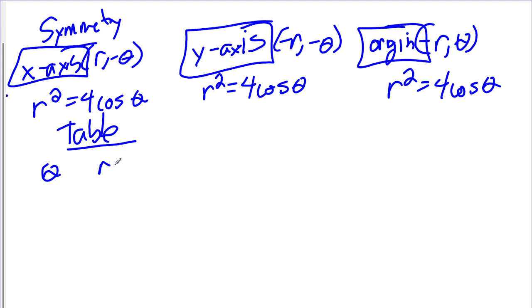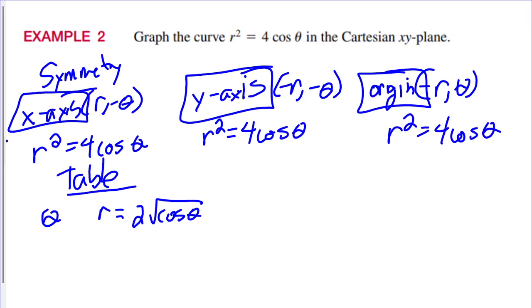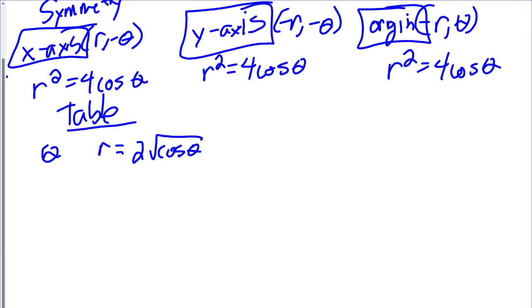but we can just go ahead and plug that into r is equal to 2 square root cosine of theta. When we solve for r, we're going to need to take the square root. And so the square root of 4 is 2, and then we're left with the square root of cosine of theta. So let's check some values. For theta, let's check maybe 0, pi sixths, pi fourths, pi thirds, and pi halves.